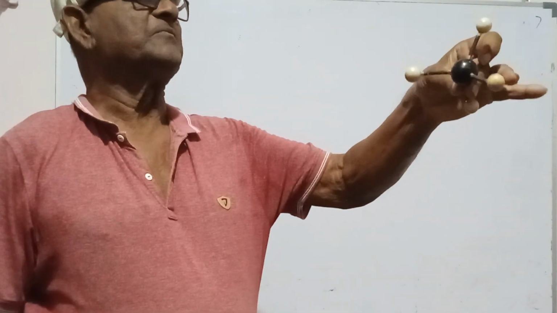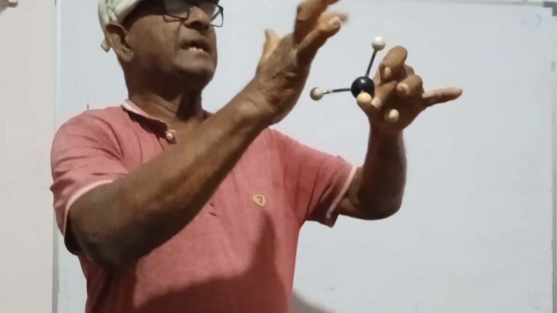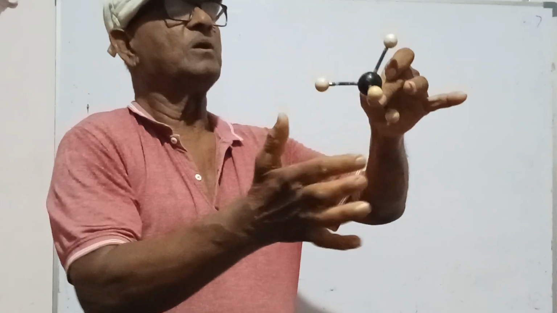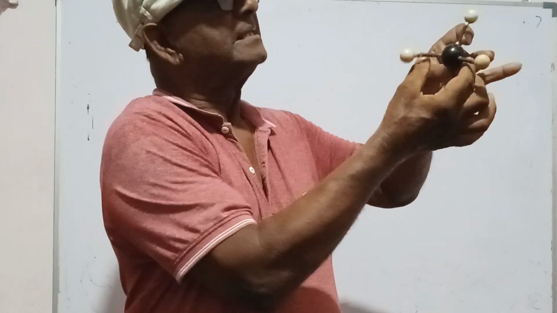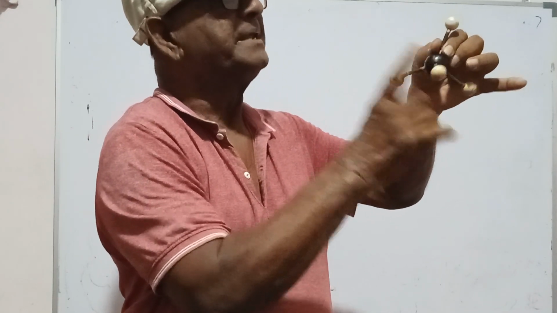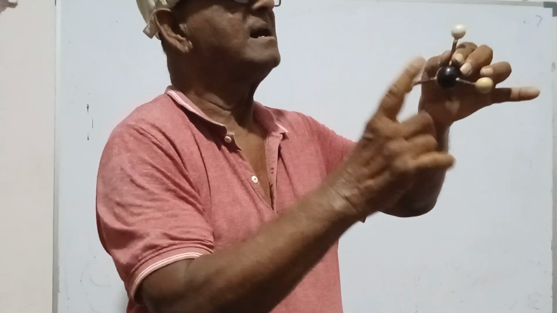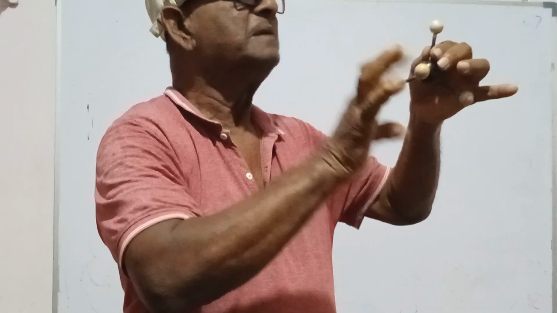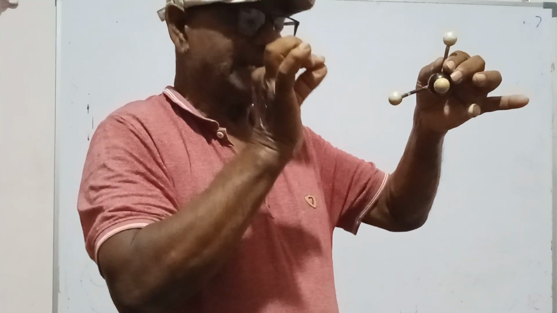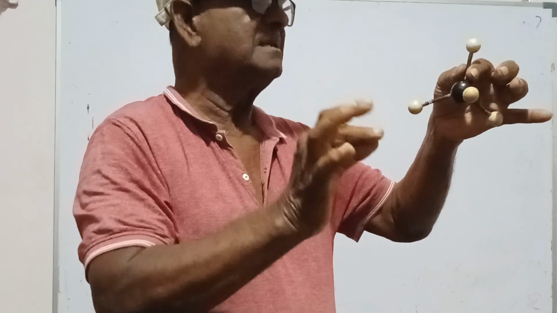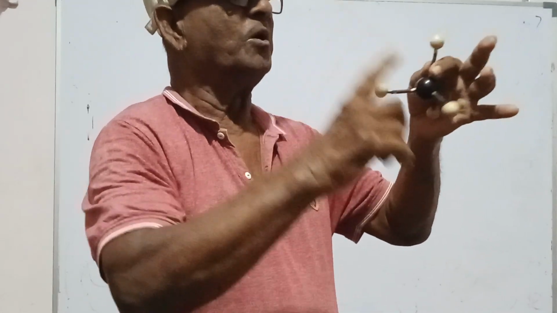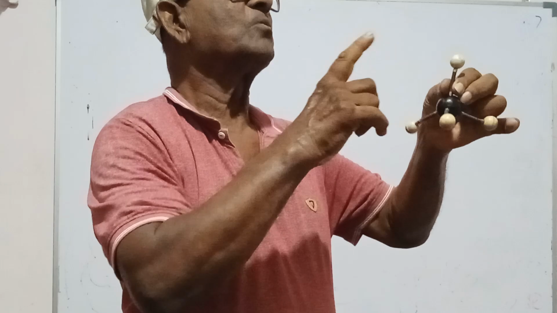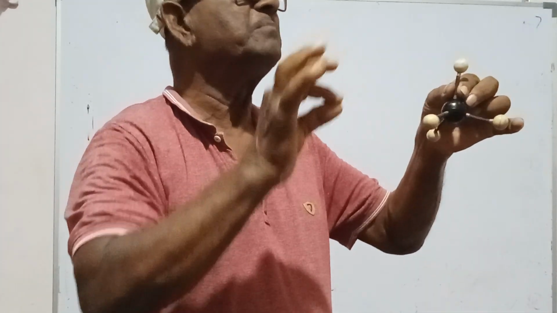This is the molecule we explained as CH4, methane. That methane molecule has a tetrahedral shape, and the carbon has four identical bonds. All are sigma covalent bonds. So it is clear that after the sp3 hybridization, carbon forms four covalent bonds. All are sigma covalent bonds.